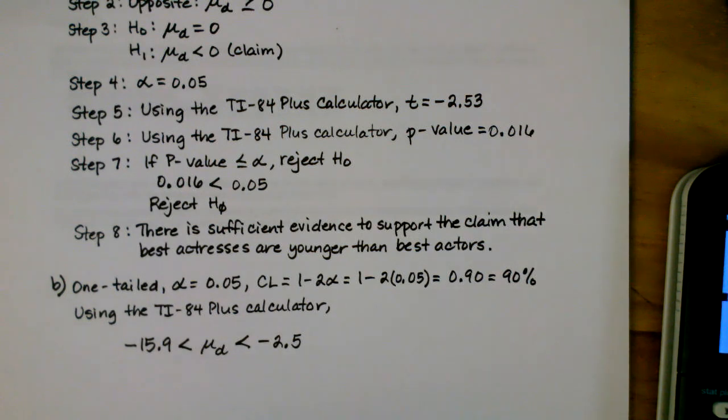Now, what that means here is that we are 90% confident that the mean differences in best actresses and best actors fall between negative 15.9 and negative 2.5. The true mean differences.